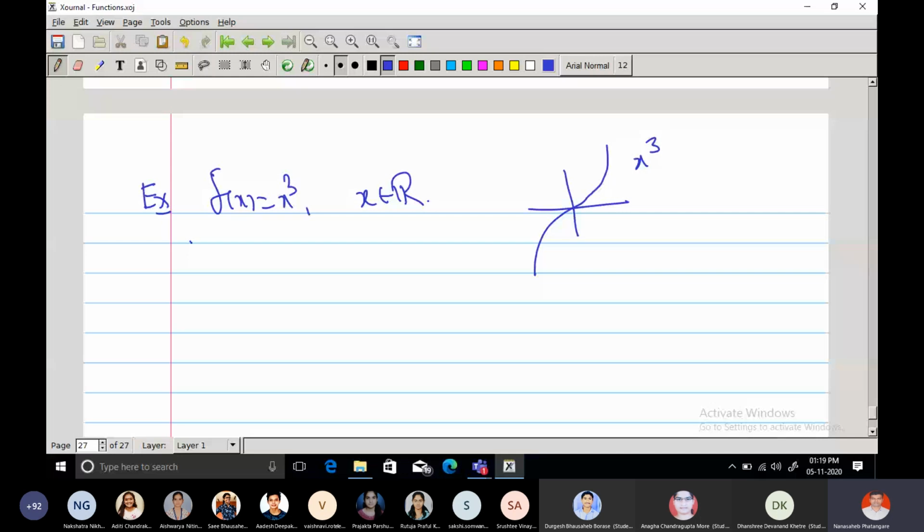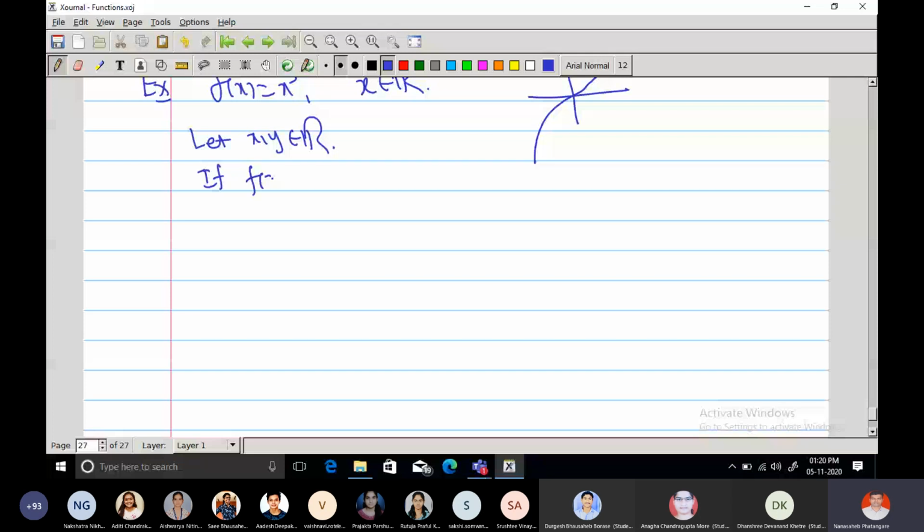Right. So let x and y be two elements such that f(x) is equal to f(y), which means f(x) minus f(y) is equal to 0. Then can we say that x is equal to y?